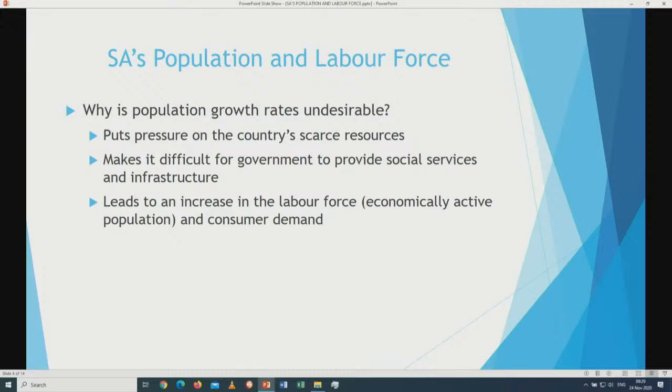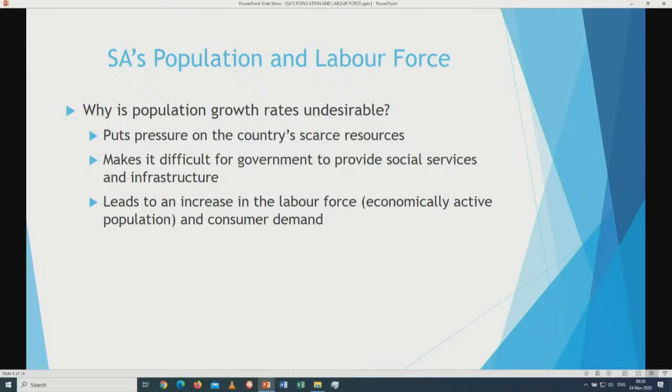And when we have a growth in the economically active population, then the consumer demand will also increase. And what is the advantage of an increase in the consumer demand? That gives us economic growth. When the demand for goods and services in the country increases, that will lead to economic growth.